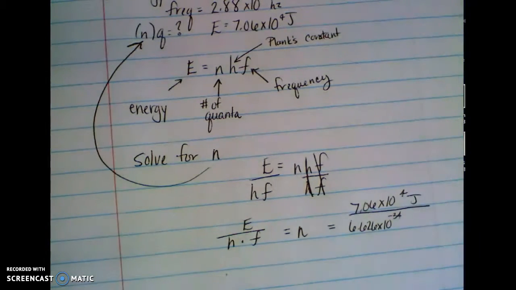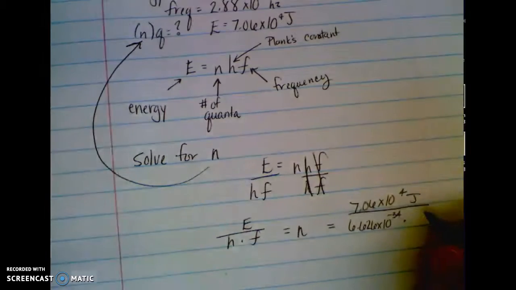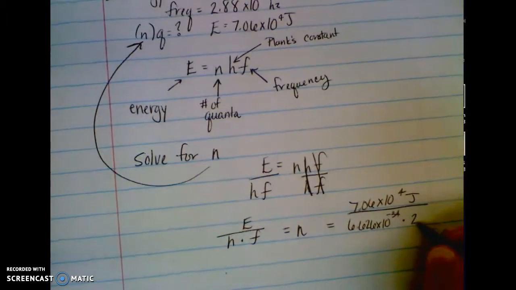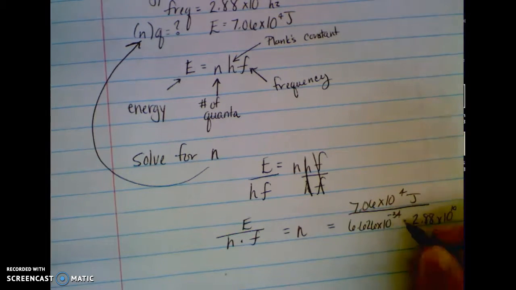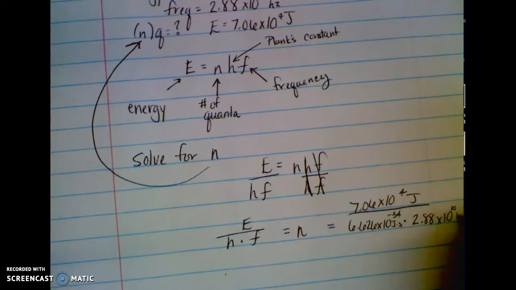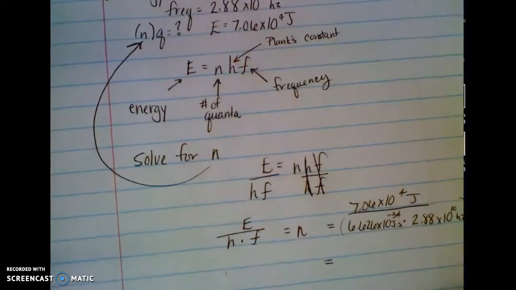And then my frequency is 2.88 times 10 to the 10 hertz. And my units are joules times seconds, that's for Planck's constant, and then for frequency it's hertz, which is per second, which is what hertz means.